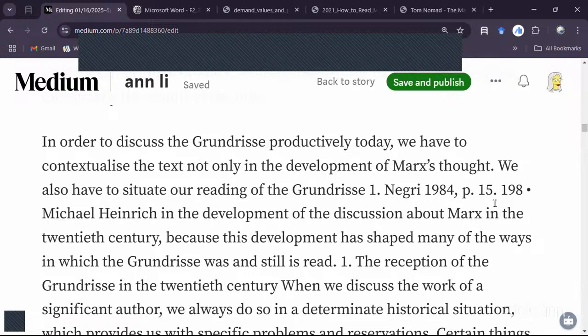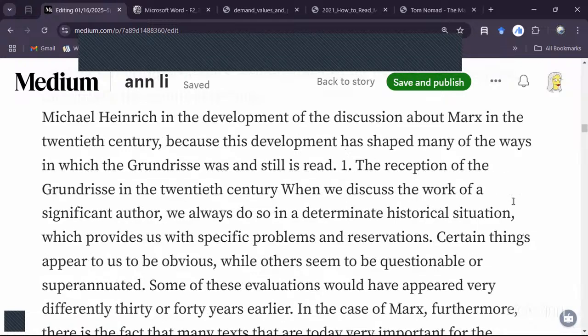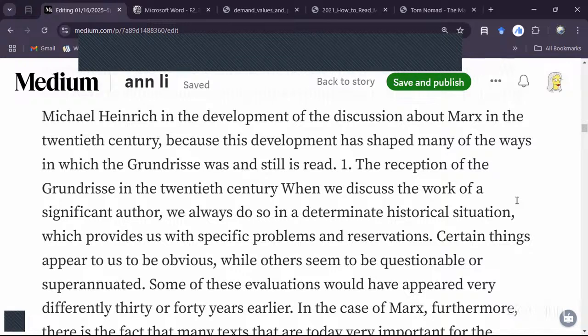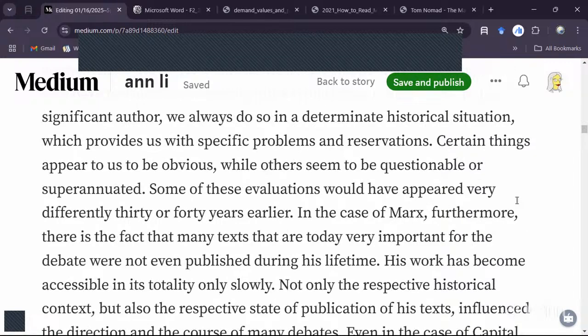The reception of the Grundrisse in the 20th century: when we discuss the work of a significant author, we always do so in a determinate historical situation, which provides us with specific problems and reservations. Certain things appear to us to be obvious, while others seem to be questionable or superannuated. Some of these evaluations would have appeared very differently 30 or 40 years earlier.